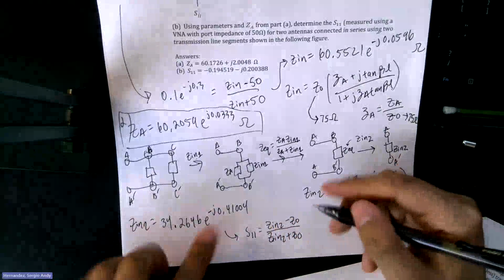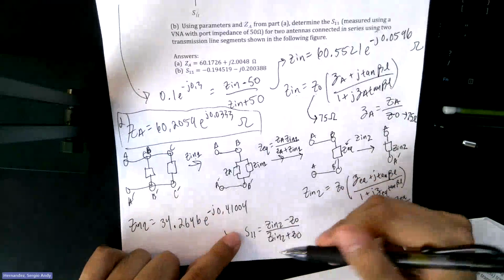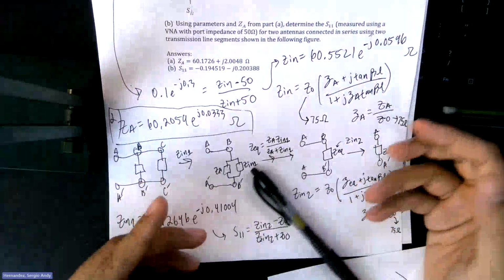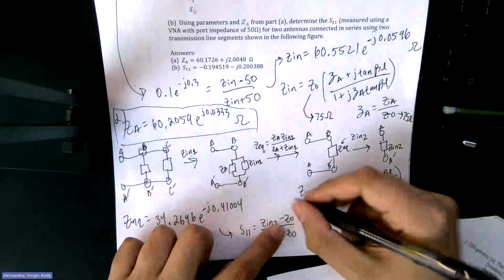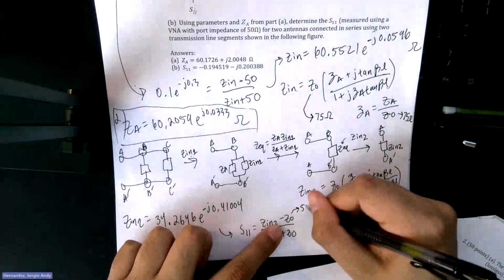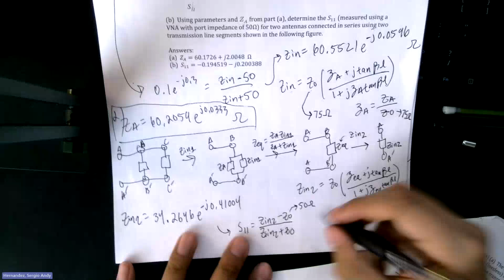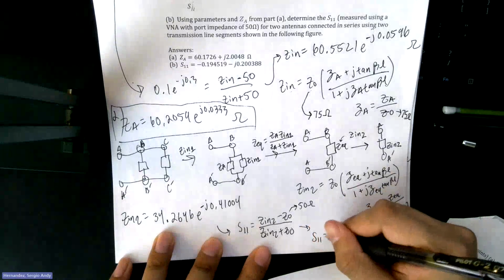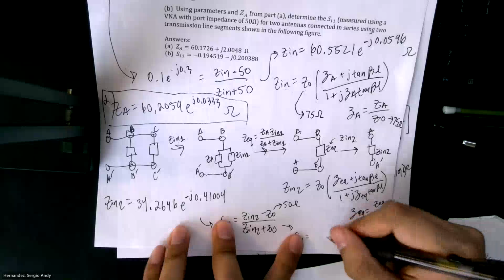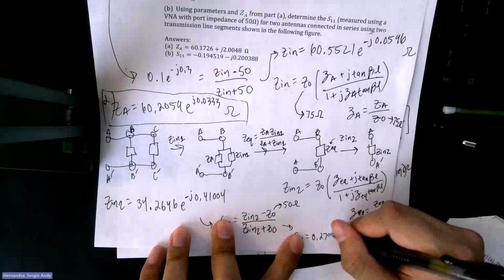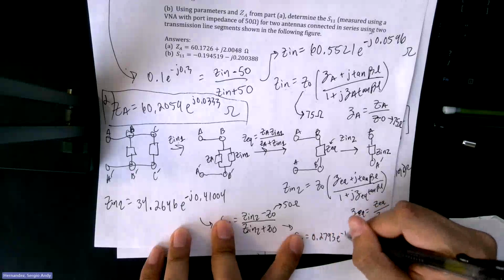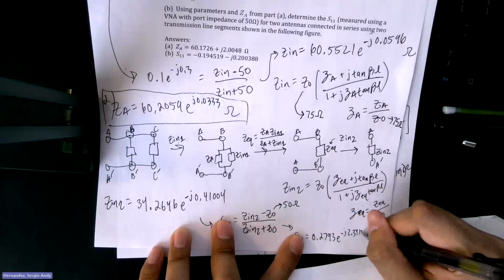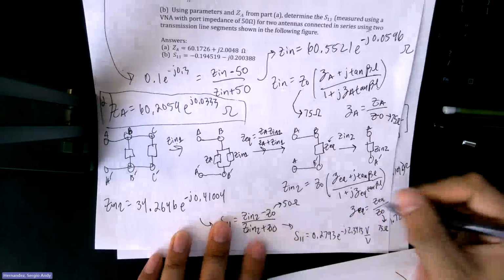And remember, since we're using S11, we're technically on this paper using the VNA. So your Z0 will go back to 50 ohms. And then here, you should get 0.2793 e to the negative j 2.3413 volts per volt.